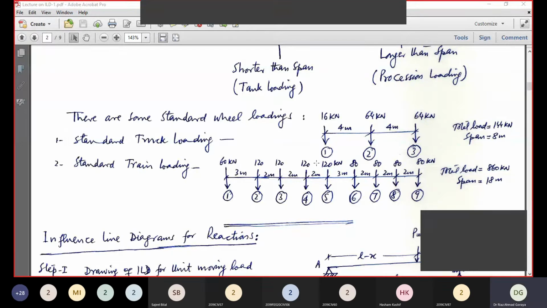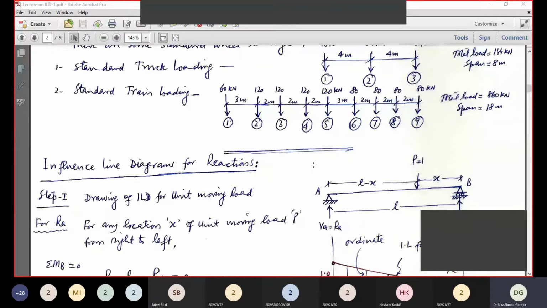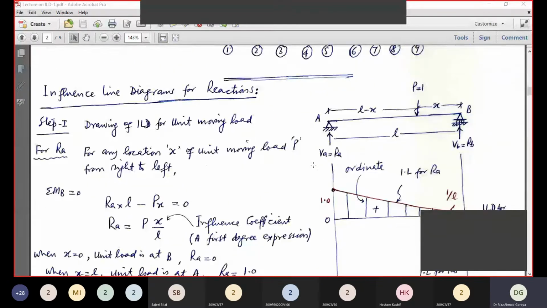Then we start the influence line diagrams for reactions. The first one. Of course, the first step is drawing of influence line diagram for unit moving load. Look at this beam.